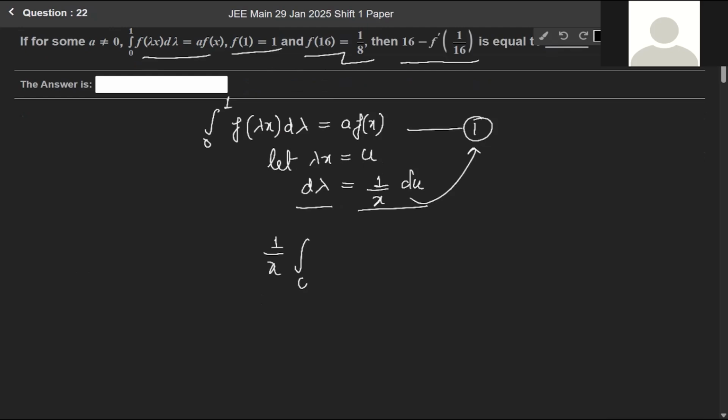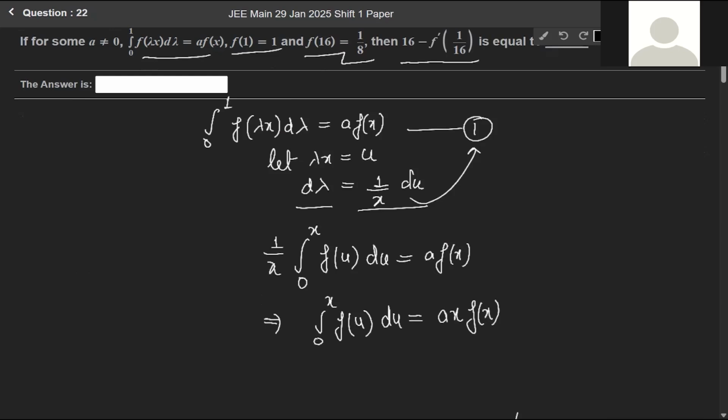Now the limit will be from 0 to x. So f(u) du equals a f(x). Okay. So this will be the integral from 0 to x of f(u) du, and it will be equal to a x f(x).